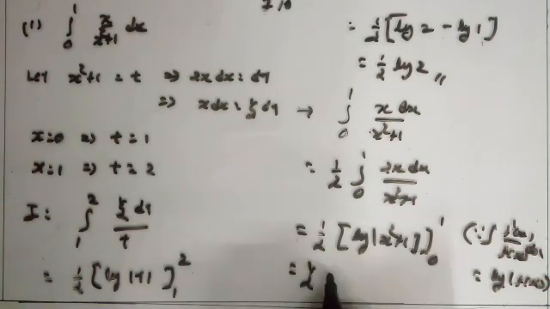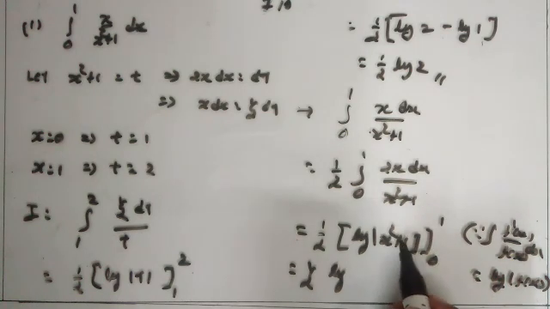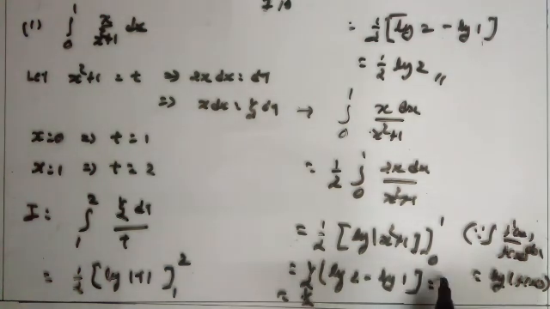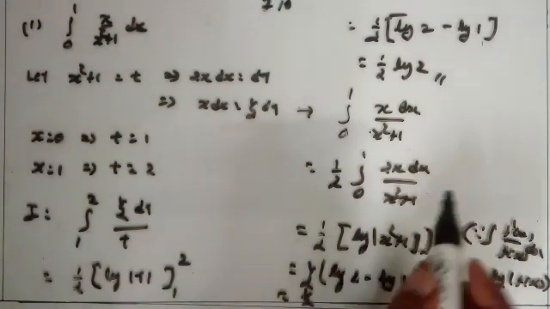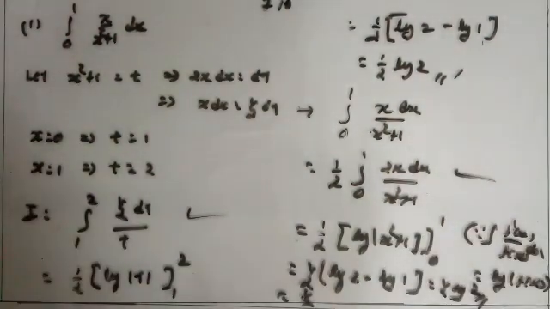So it is equal to 1 by 2 [log of, replacing x by 1, 1 square is 1 plus 1, 2, minus log of 0 square, that is 0 plus 1, that is 1]. So it is equal to 1 by 2 log 2. Clear? Answer. We get the same answer using substitution and using the direct method.